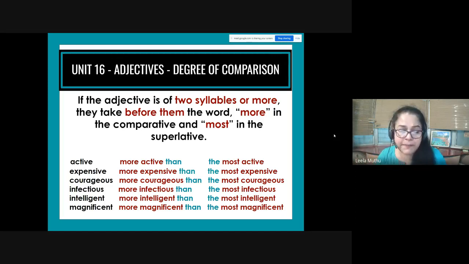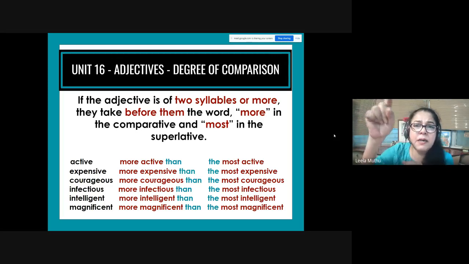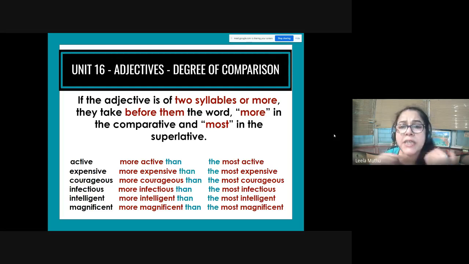So now I'll explain. Active, two syllables, active, more active than, the most active. For example, my grandmother is really active, but your grandfather is more active than your grandmother. But I think Mrs. Leslie there, she's definitely the most active of them all.